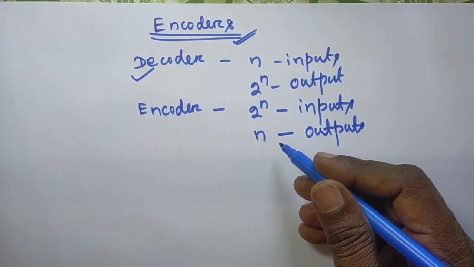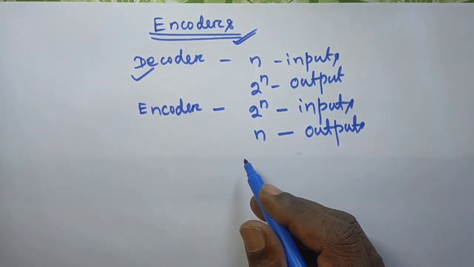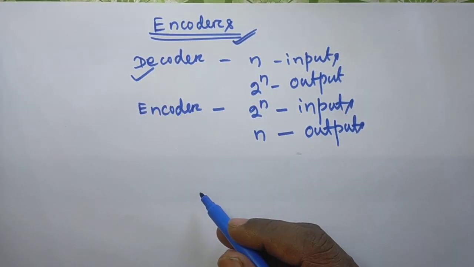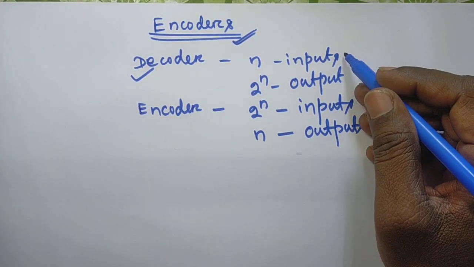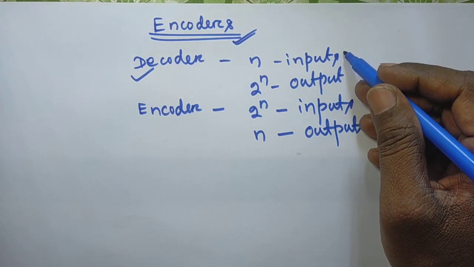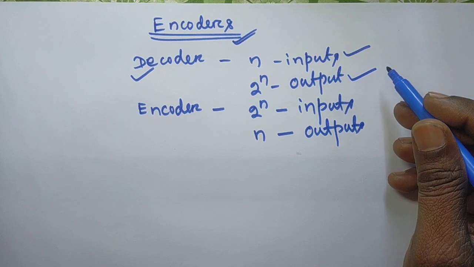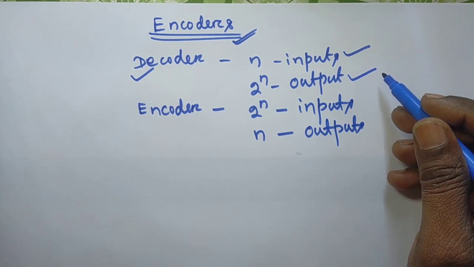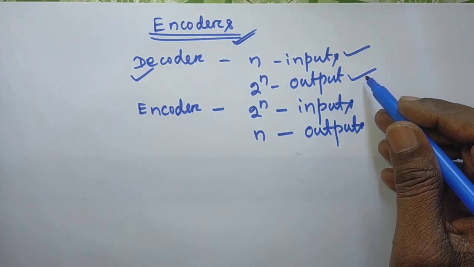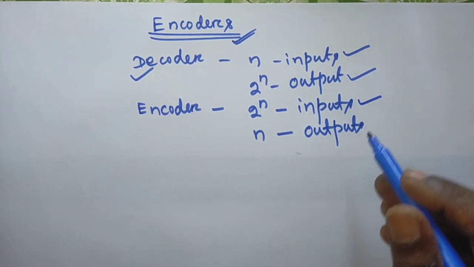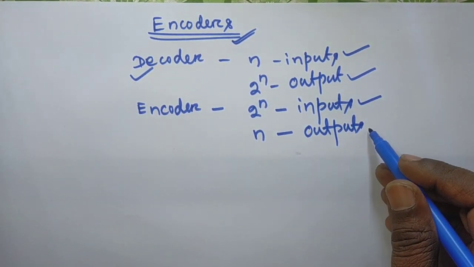Just a reverse of the decoder. Very simply, for a decoder we consider n inputs and get 2 to the power n outputs. Similarly, for an encoder we consider a maximum of 2 to the power n inputs, and we get n outputs.